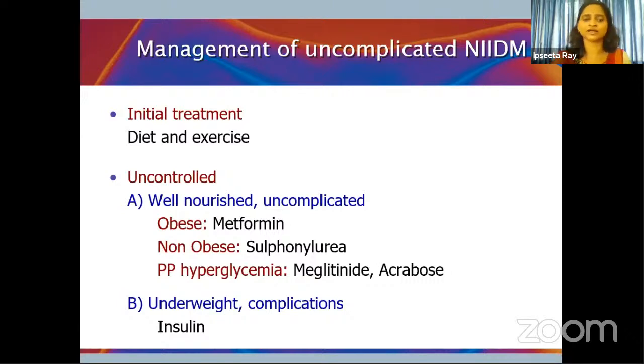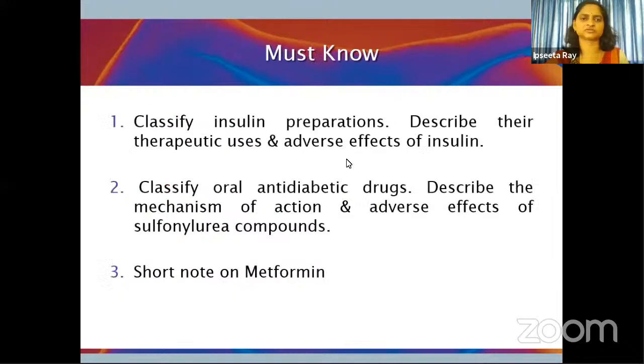If there is postprandial hyperglycemia, meglitinides and acarbose are preferred. When there are complications, like nephropathy and retinopathy, we go for insulin. You can also use insulin in combination with oral antidiabetic drugs depending on the response of the patient.